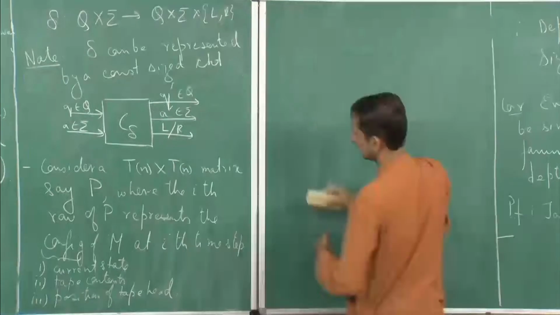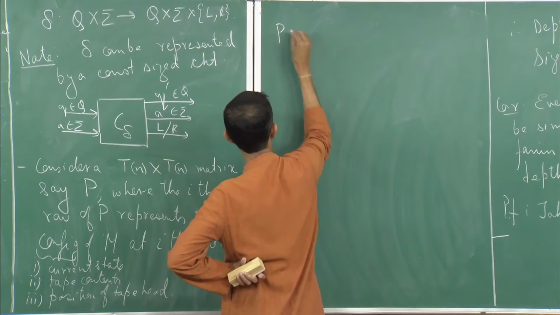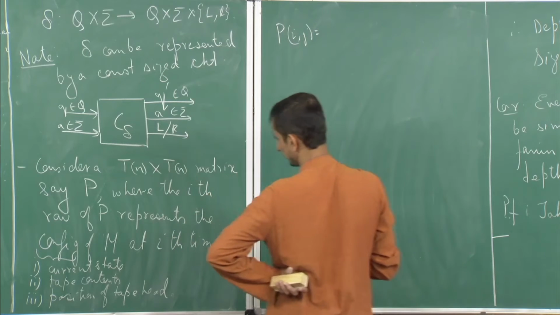Now, let me be a little bit more specific about the contents of the entries. So, P of i comma j will store the following.